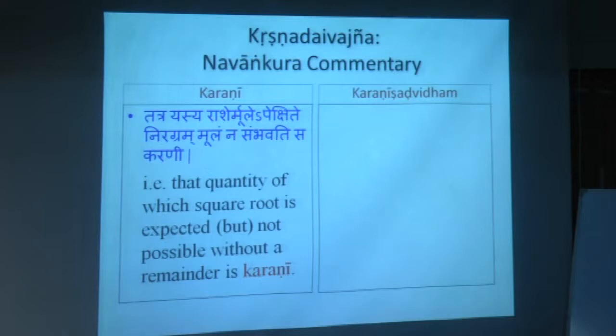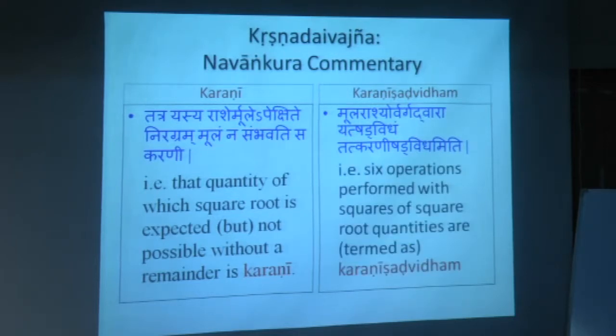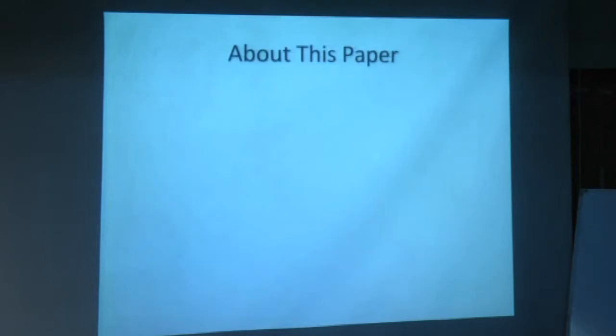So, though the translation of Karani is usually surd or irrational number, it doesn't carry the total meaning in which Bhaskara used the word Karani. Then Karanisadvidha is explained as Mula Rashor Vargadvara Yat Shadvidham Tat Karani. Shadvidham means 6 operations performed with squares or square root quantities are termed as Karanisadvidha.